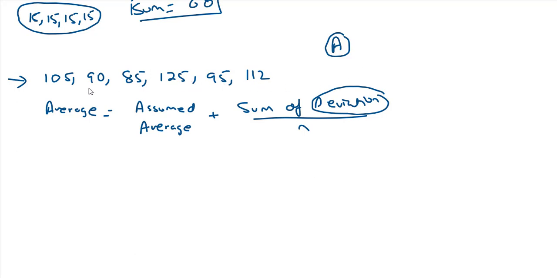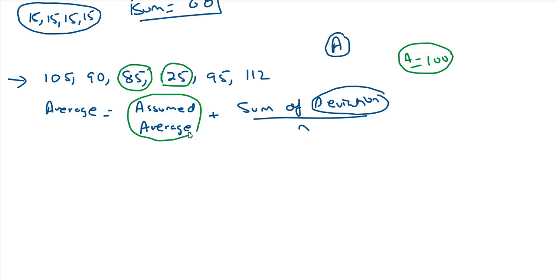By looking at these values, as you can see, one value is 125, which is the biggest value, and the smallest value is 85, and all the rest of the values are close to 100. So we can assume this average to be 100. You can take any value, but if you make a good assumption, your calculation will be reduced. So the assumed average in this case is 100.